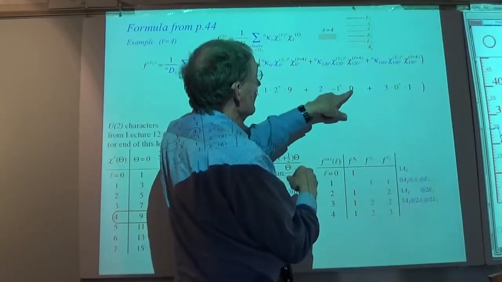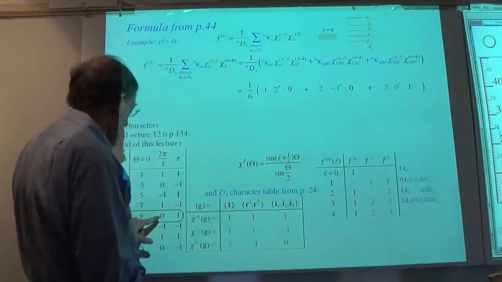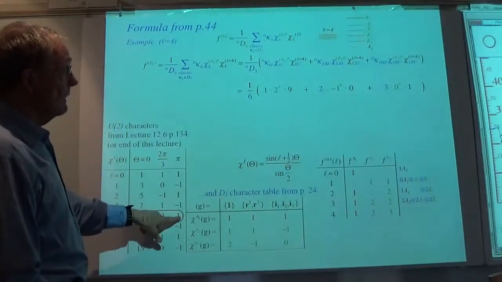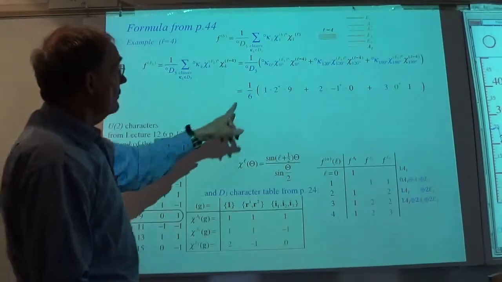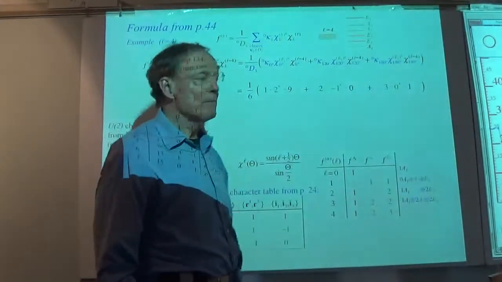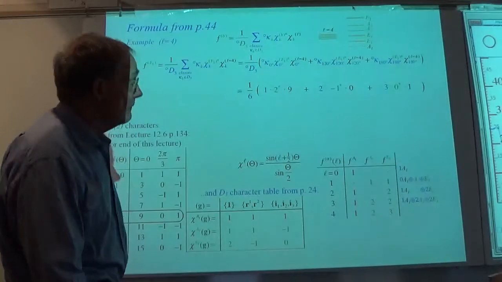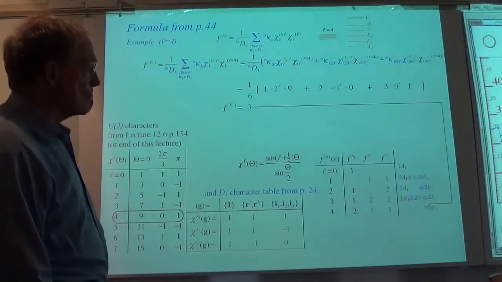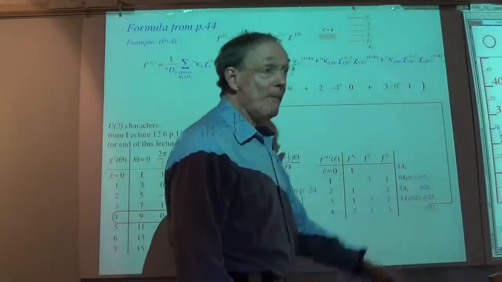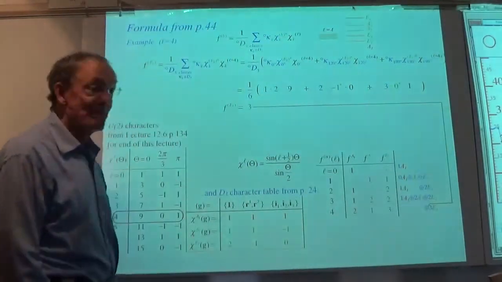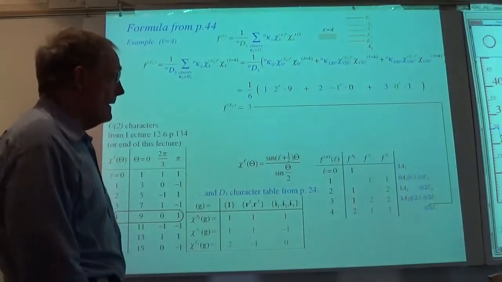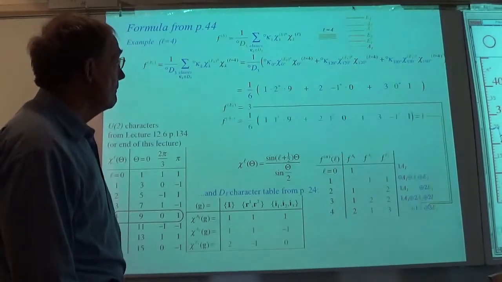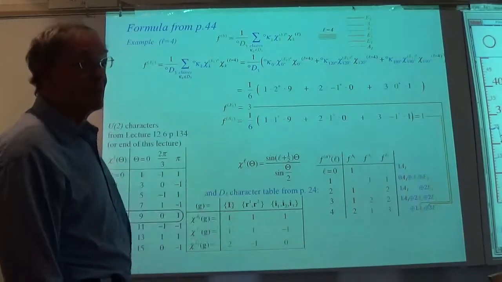Then here is 0. Okay. And here is this last number, 1. Okay? So we just have to add this up and divide by 6. 3. That's the answer. Well, we're not done yet. Got to get the A2s.